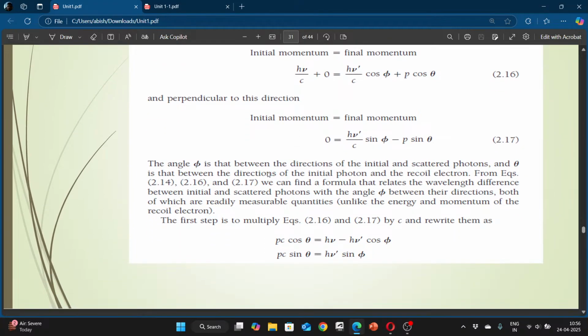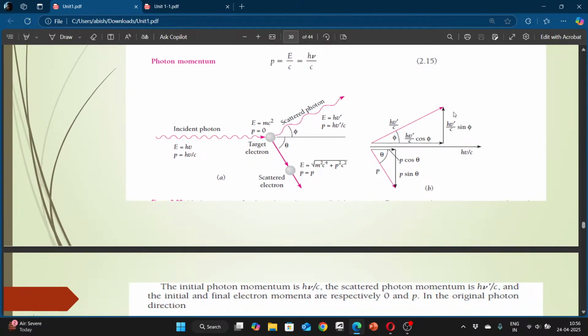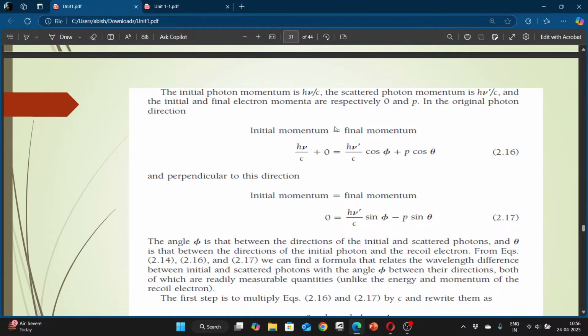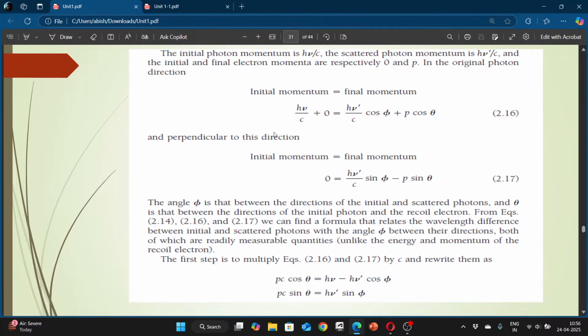The angle phi is between the direction of the initial and scattered photons, and theta is between the direction of the initial electron and scattered electron, the initial photon and the recoil electron, same thing.